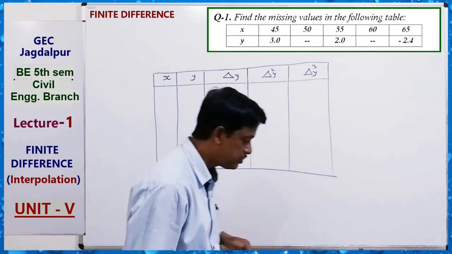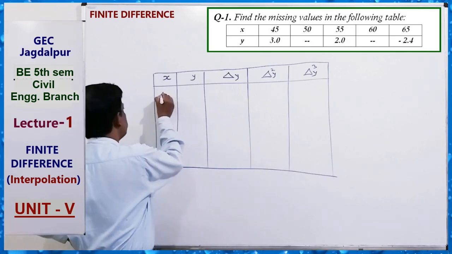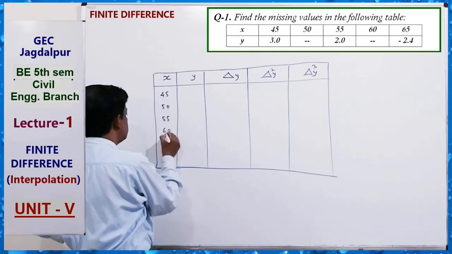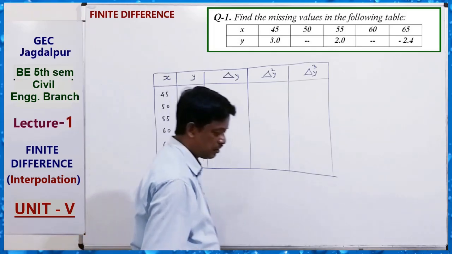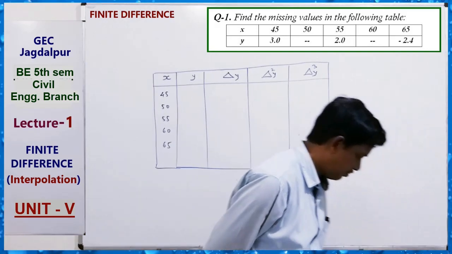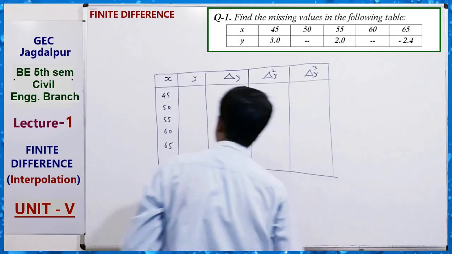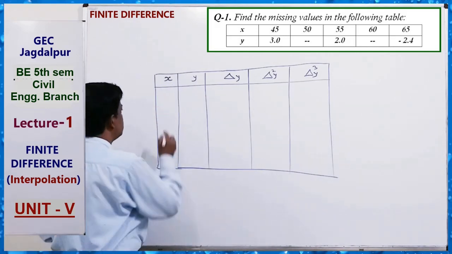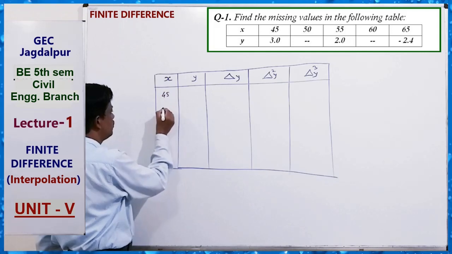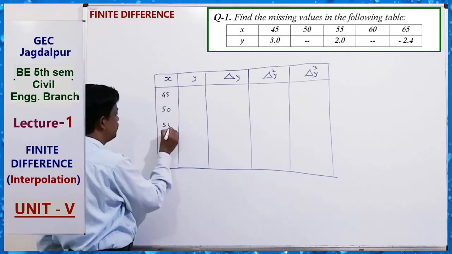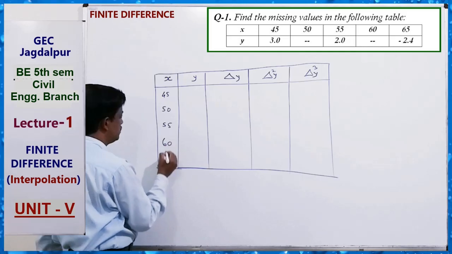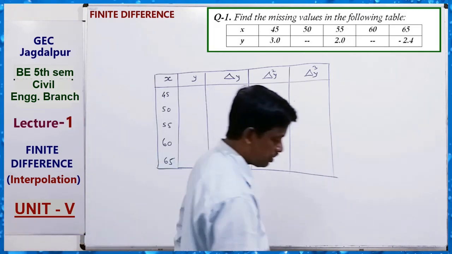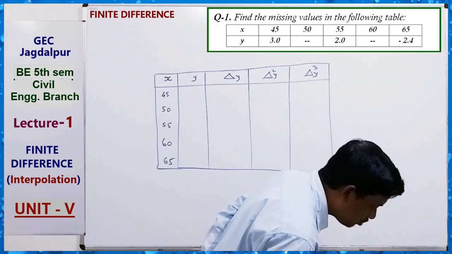Okay, 45, 50, 55, 60, 65. So just make the table, like this. Clear? And the values of y are 3.0, 2.0, minus 2.4.